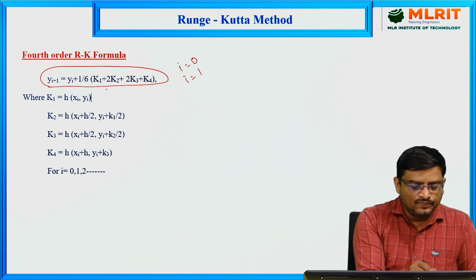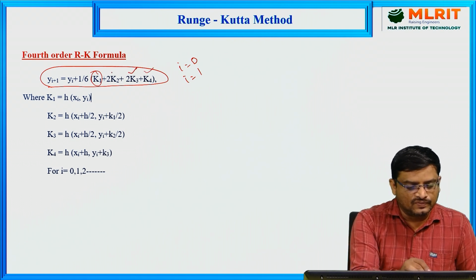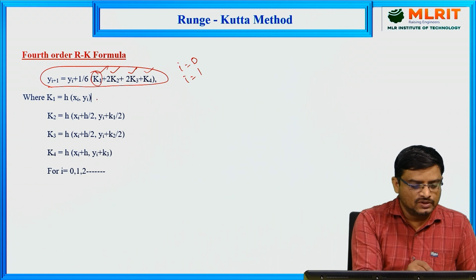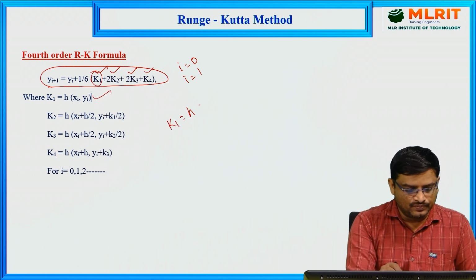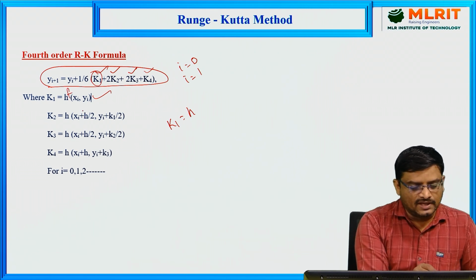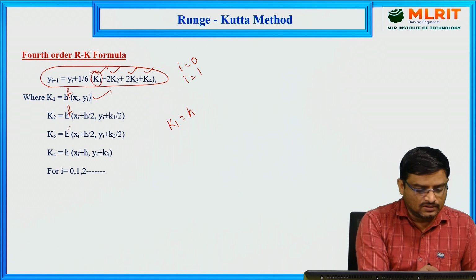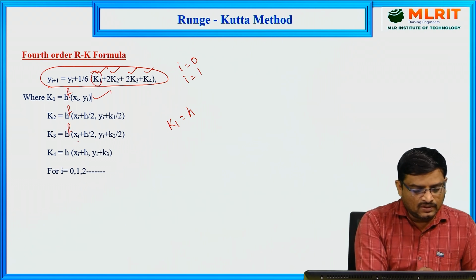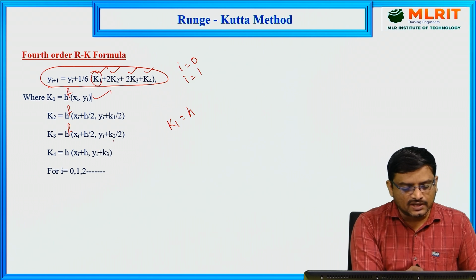This Runge-Kutta method includes k1, k2, k3, k4. First we have to find these values. k1 is equal to h into f of x suffix i comma y suffix i, and k3 is h into f of x suffix i plus h by 2 comma y suffix i plus k2 by 2.